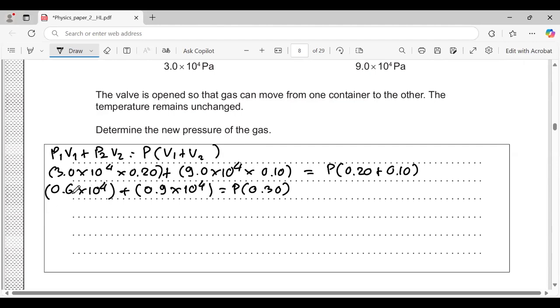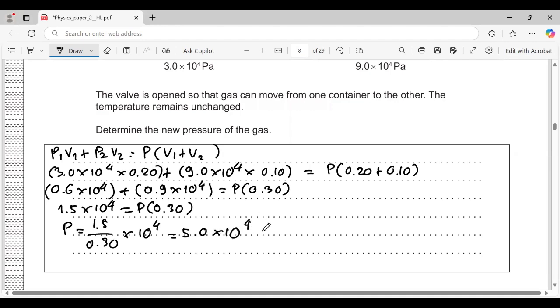So 0.6 plus 0.9 is 1.5 times 10 to the power 4, equals P times 0.30. So we can determine P equals 1.5 divided by 0.30 times 10 to the power 4, equal to 5.0 times 10 to the power 4. The unit is Pascal.